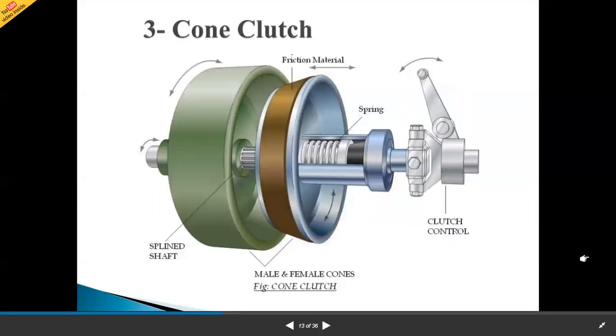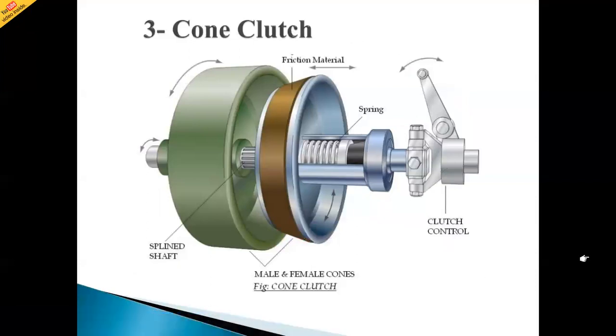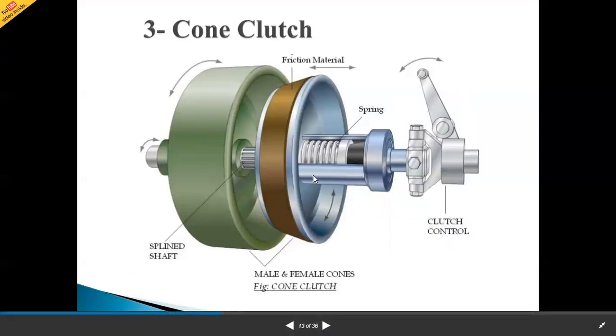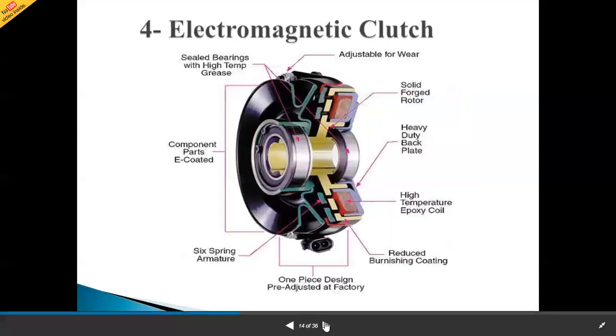A third type is also available, that is the cone clutch. As the shape of this clutch is conical, it is called a cone clutch. This is the clutch control, this is the spring, this is the friction material, and this is the spline shaft. Electromagnetic clutch is also available nowadays.